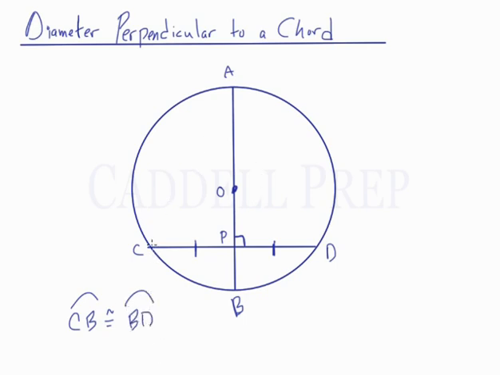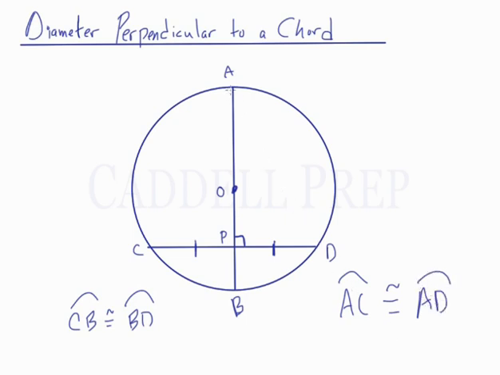Okay, also these arcs are going to be congruent to each other, so AC and AD. AC is this big arc here, and AD. These are also congruent. So we could write AC is congruent to AD.